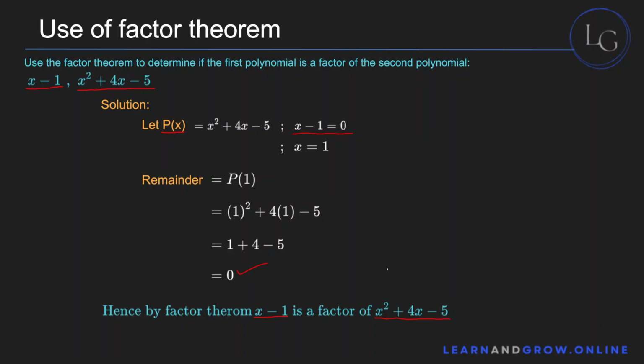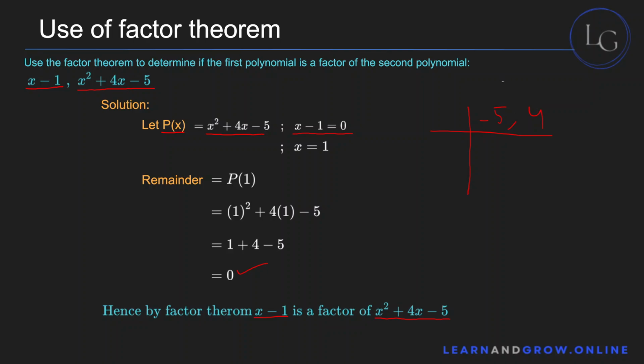Now, there is another way you can check this, which is if you actually factorize this polynomial over here. Once you factorize it, you'll see that the value of c here is minus 5, and the value of b here is 4. So you need to find numbers that will give you minus 5 upon multiplication, and they'll give you 4 upon addition.